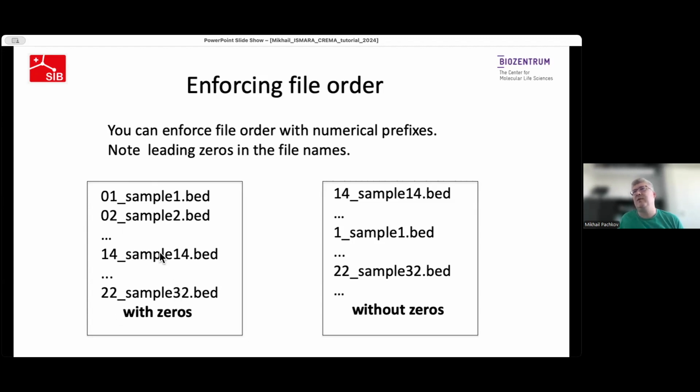This is very important because without leading zeros, the order will be broken again. For example, the sample which starts with 14 will come ahead of the sample which starts with 1. So using such tricks, you can easily obtain a very nice representation of your results, which will help you to explore and extract useful information from the analysis.